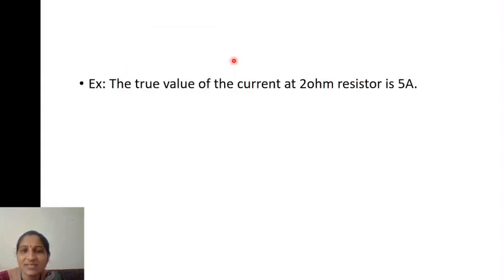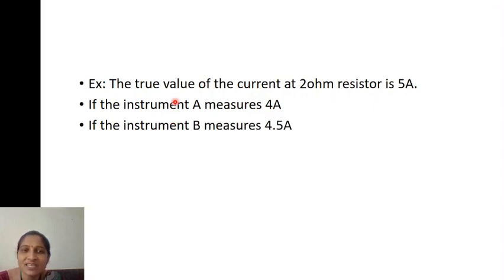This can be explained by an example. Suppose in a 2 ohm resistor, the true value of current is 5 amperes. If you are using two instruments, instrument A is showing 4 amperes and instrument B is showing 4.5 amperes.